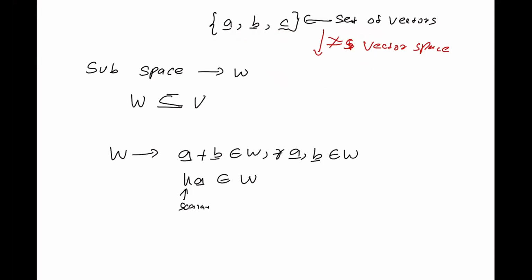You got it? Or do you need more explanation? Please let me know. It is not like a theoretical subject. I'm just giving you some introduction to vector spaces, nothing more than that.